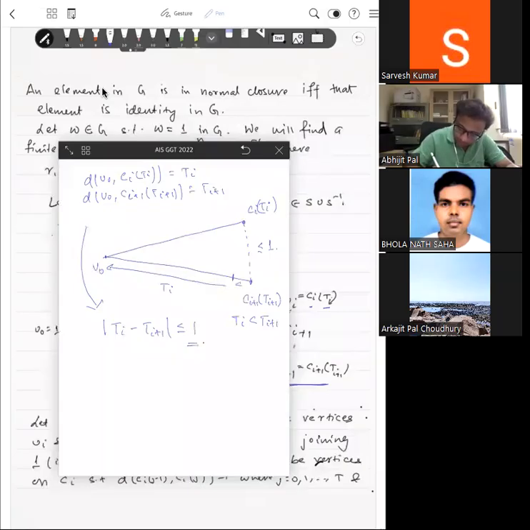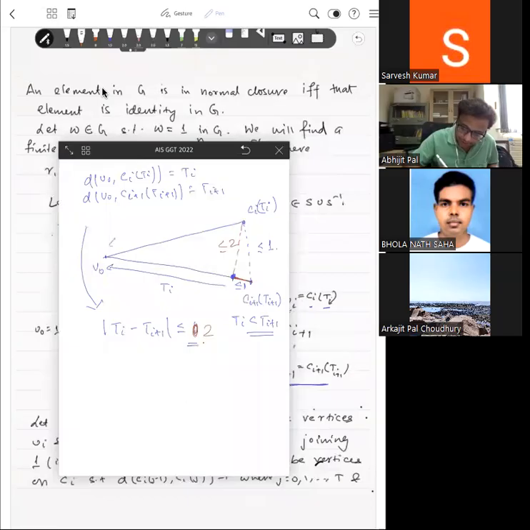So what we did yesterday: this distance will be less than or equal to 1, therefore this distance will be at most 2. So we have 2 here, by the triangle inequality. Is it fine?